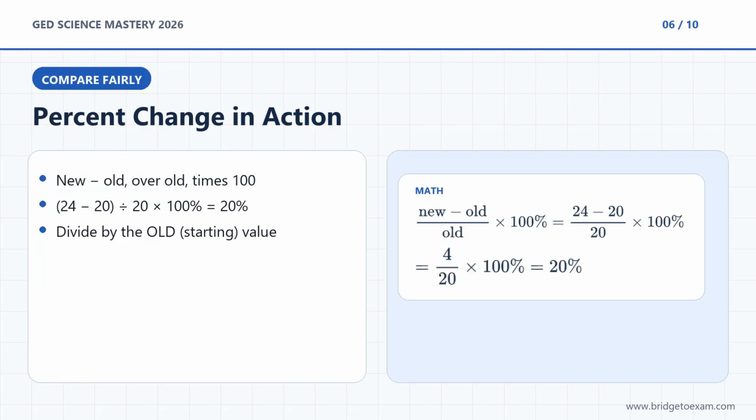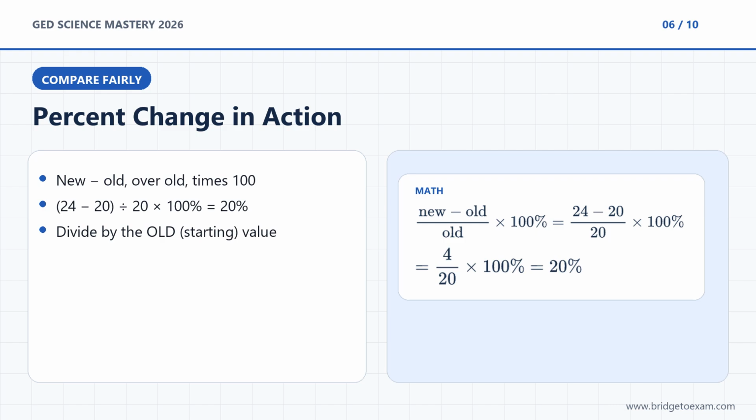Percent change comes up again and again, so let's drill it. A plant grows from 20 centimeters to 24 centimeters. What is the percent increase? Use the rule new minus old over old times 100.